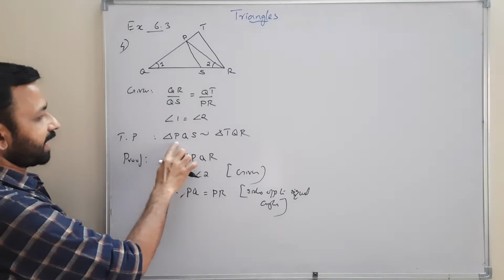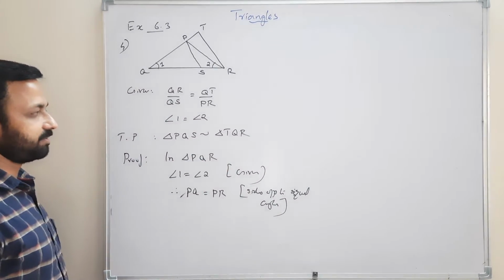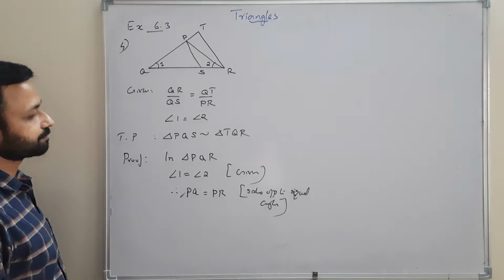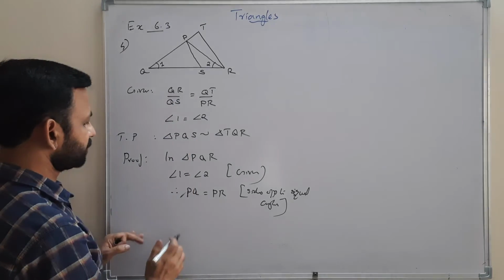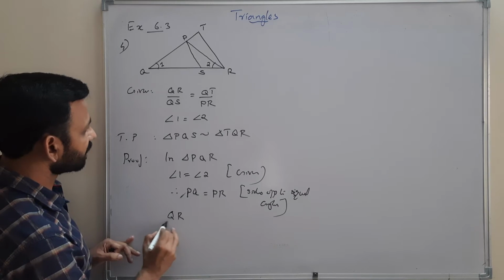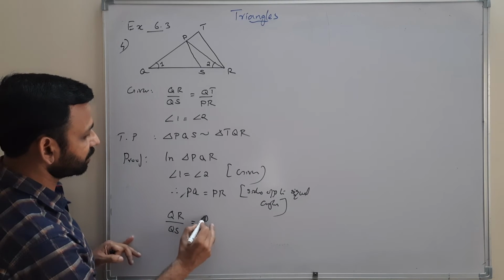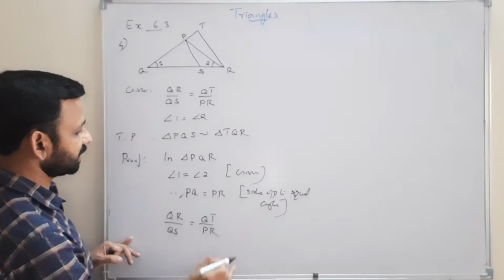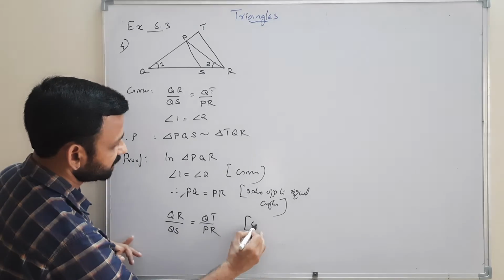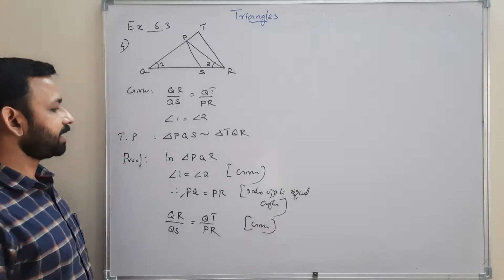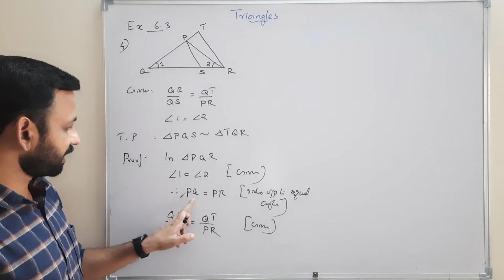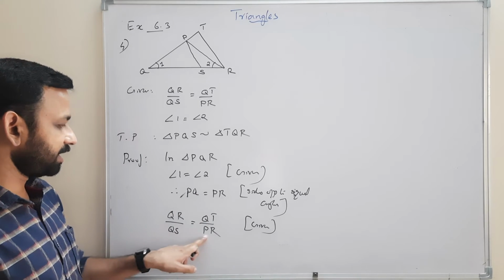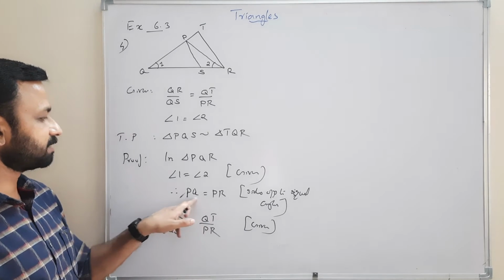And we are going to prove triangle PQS similar to triangle TQR. Then we can write the given ratio, QR upon QS is equal to QT upon PR. That is given. And here we can replace PR by PQ.